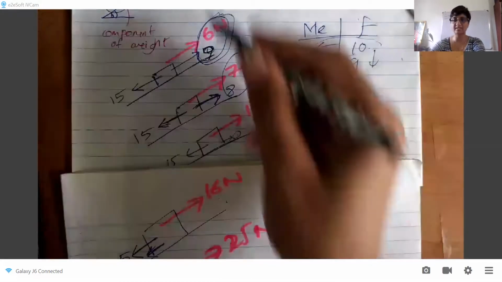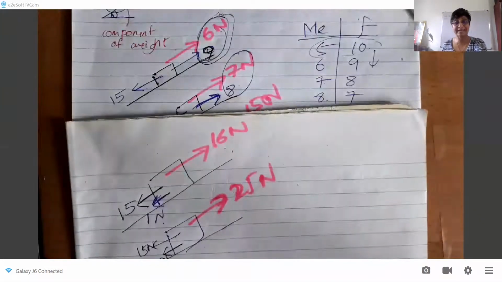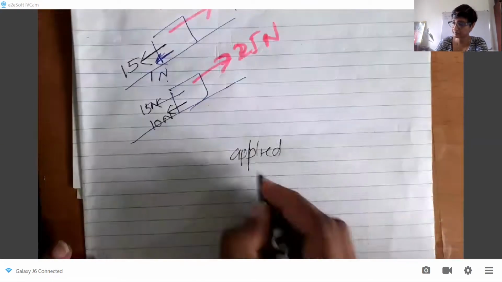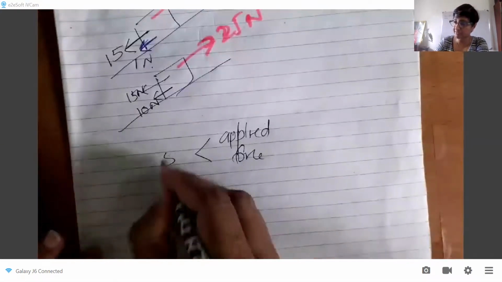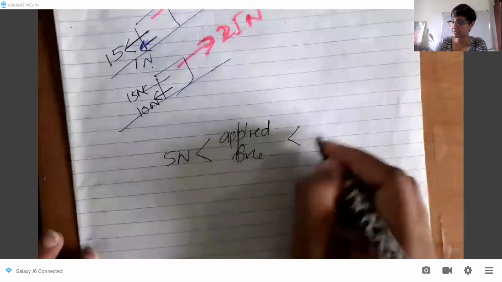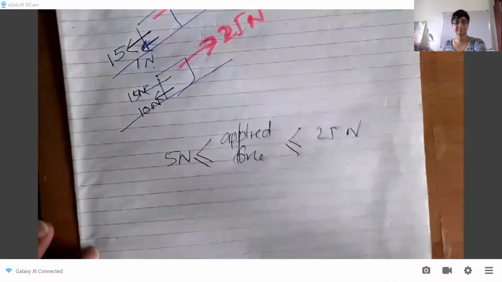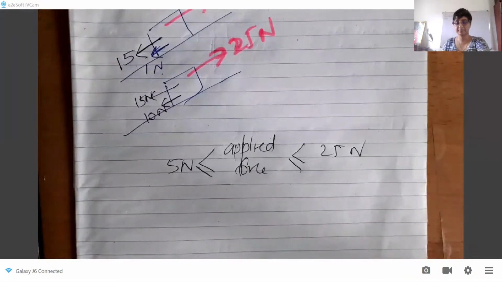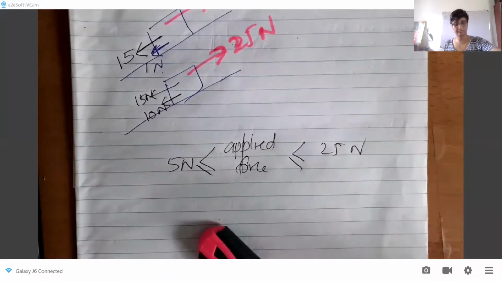So for all these, the object is in balance. It stays still. My applied force can go from 5 newtons to 25 newtons. For any value between 5 and 25, I can keep it still. Smallest is 5, largest is 25.